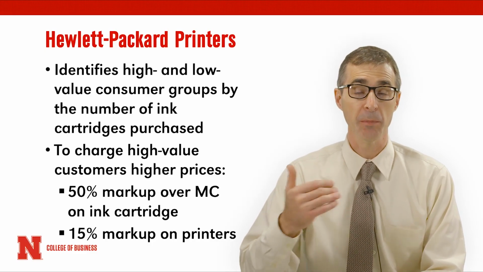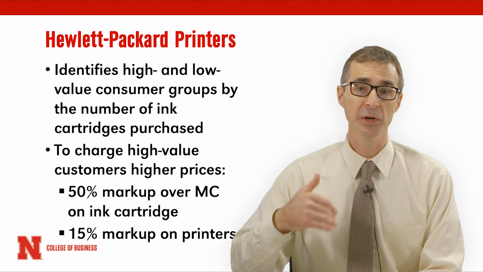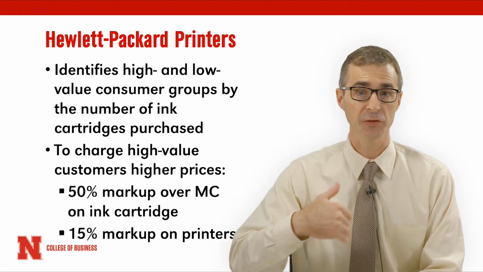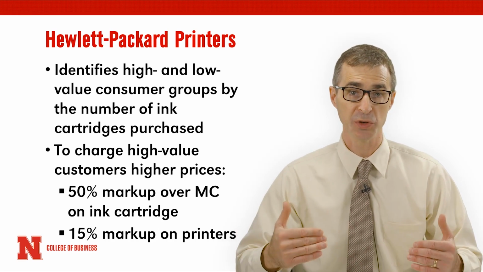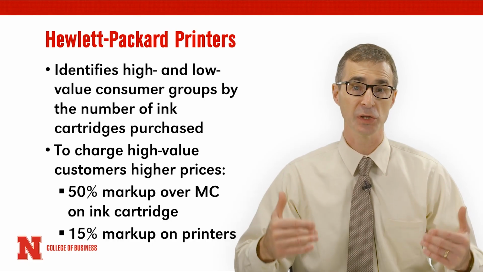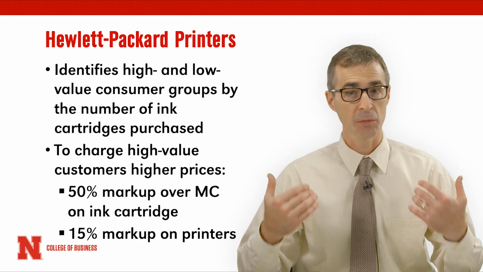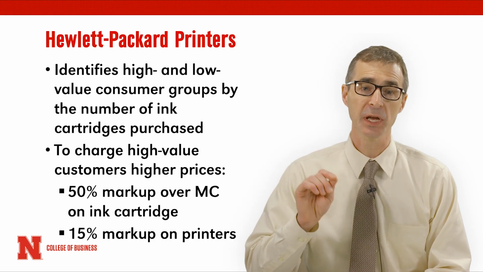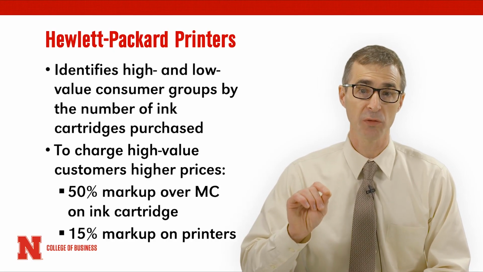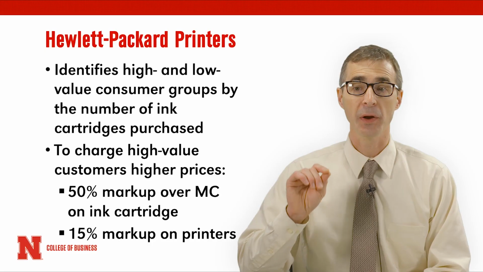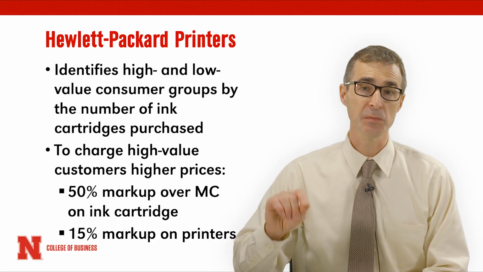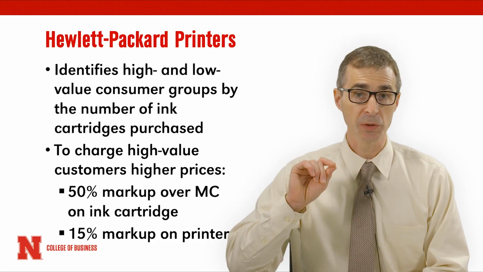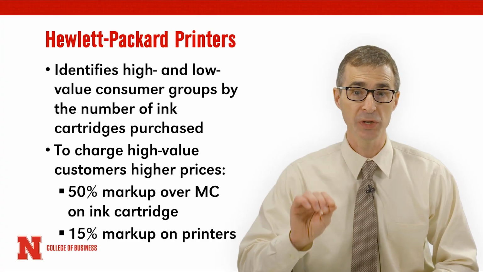There is a positive correlation between how much value one customer or firm places on being able to print and how much ink they actually use. The more they print, the more they tend to value printing. So what HP does is they charge a very high markup, 50% over marginal cost, on their ink cartridges, while only earning a 15% markup on the printer.